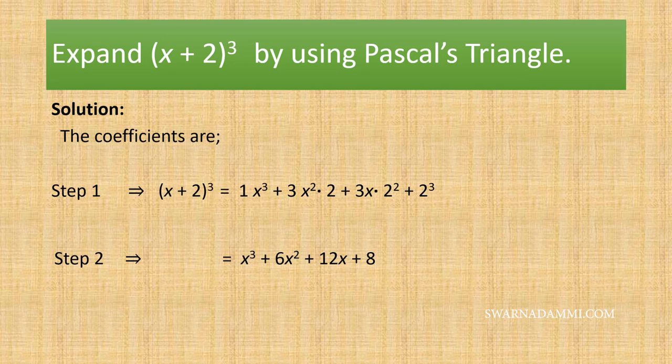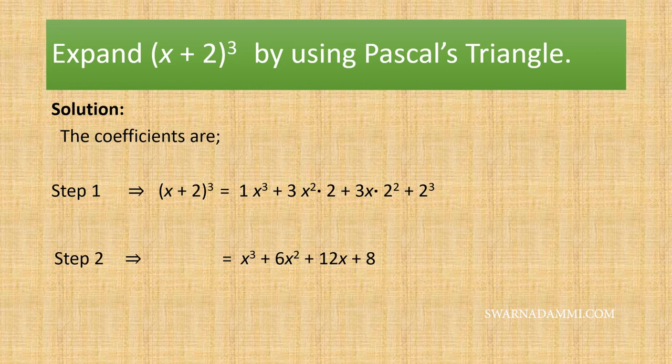So we can apply those coefficients here. (x plus 2) to the power 3 equals 1 times x cubed, plus 3 x squared multiplied by 2, plus 3x multiplied by 2 squared, plus 2 cubed.